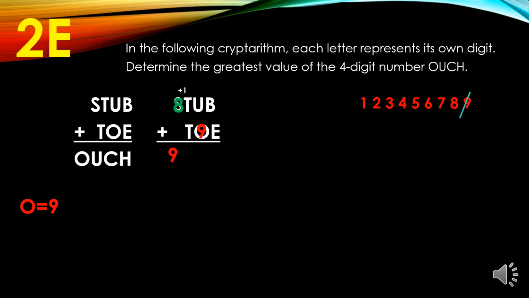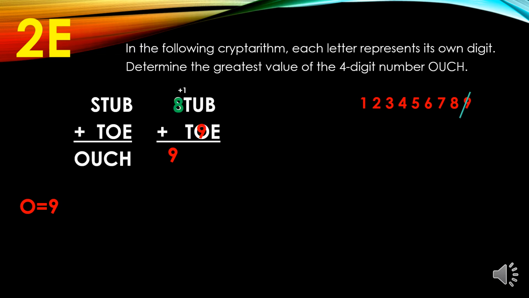Let's try 5. If we will use 5, 5 plus 9 is 14. Carry 1. It means that for your U, if we go for 5, the T plus T is equal to 15. So, what could that double number be that would give us 15 with the addition of 1?